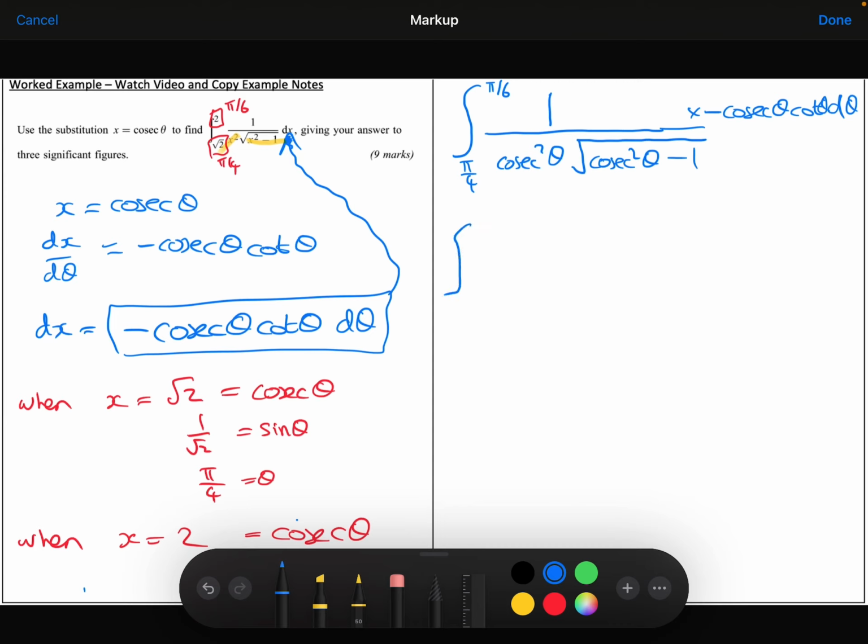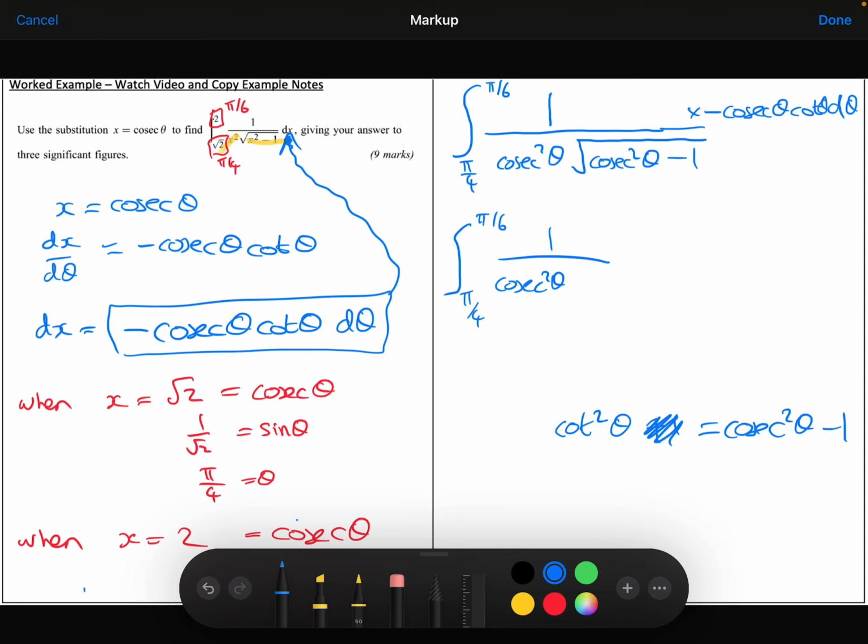Right, so let's look at that denominator. That denominator is a bit messy. The square root in particular I'm looking at. Now, cosec squared theta minus 1, well, I remember the identity that cot squared theta plus 1 is cosec squared theta. So therefore, cosec squared theta minus 1 is cot squared theta.